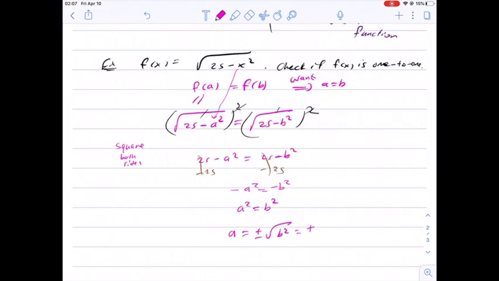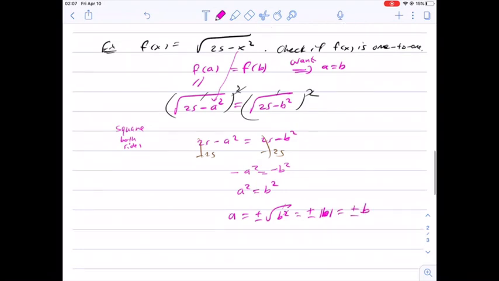So a is plus or minus the square root of b squared, and that's plus or minus the absolute value of b, because we cancel the square with the square root, and that's plus or minus b. So one value a gives us two values here, b or negative b. So that means it's not a one-to-one function.